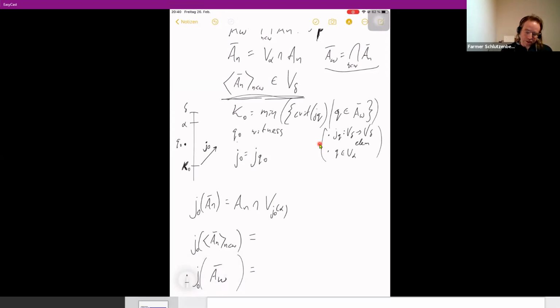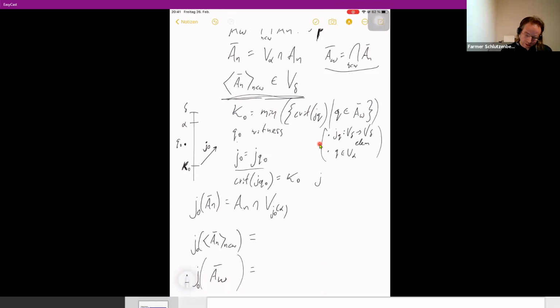Take a witness Q_0 to that. So Q_0 is in this set A bar omega, and it hits the minimal critical point. Set J_0 equal to this embedding. So we get that the critical point of J_Q0 is equal to kappa_0, the minimal one.